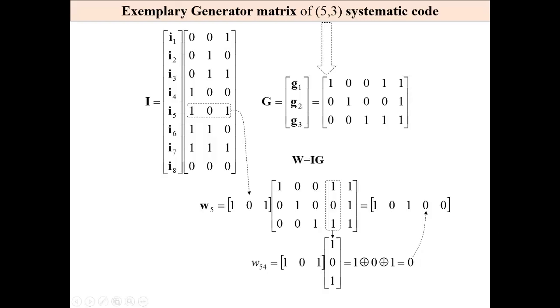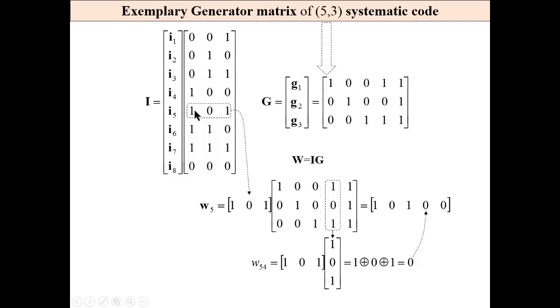This is an exemplary generator matrix, code (5,3): code word length 5, 3 information bits, 3 rows, 3 words, algebraically independent. Then to obtain all code words, we have to multiply all information words by this matrix.